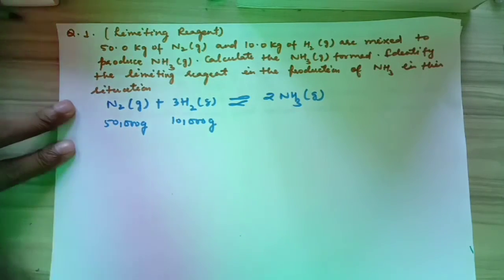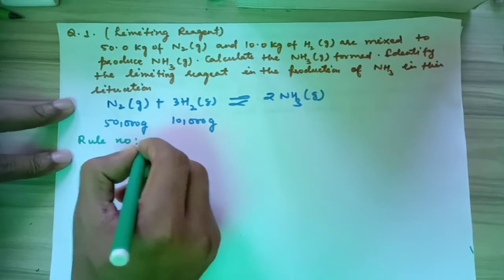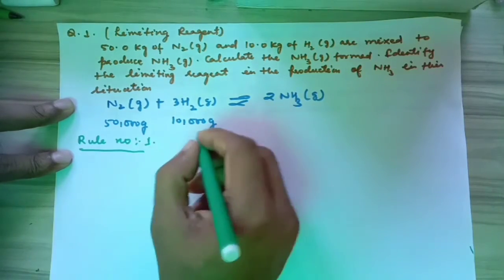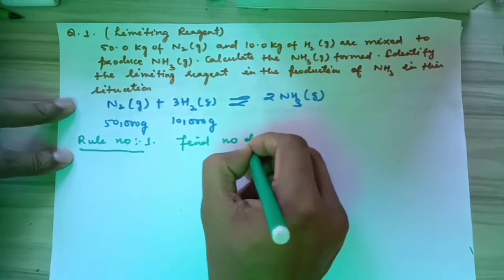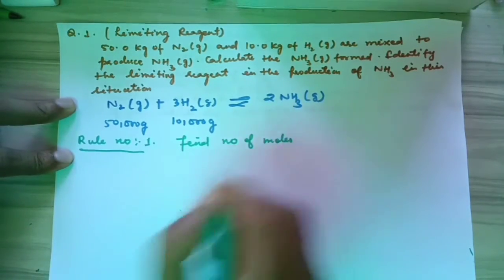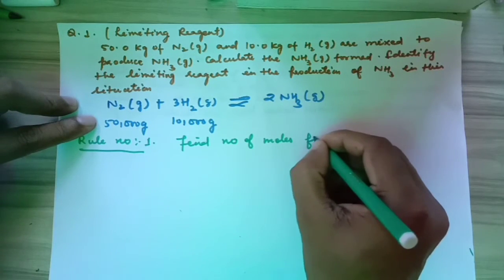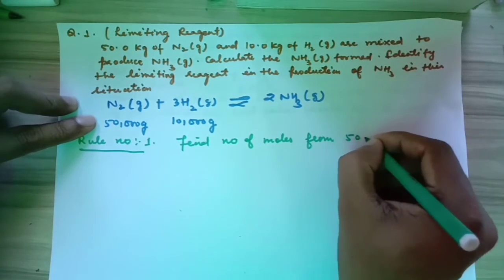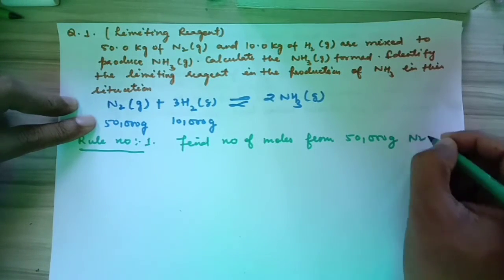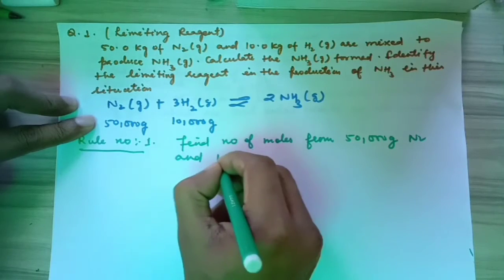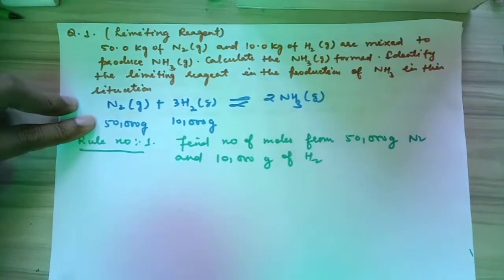Rule number 1 is to find the number of moles from 50,000 gram of nitrogen and 10,000 gram of hydrogen.